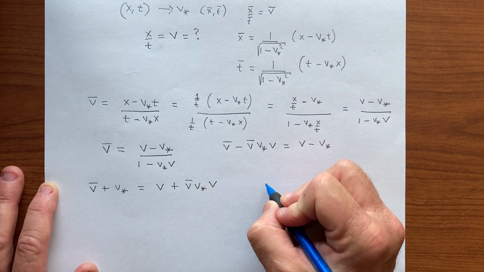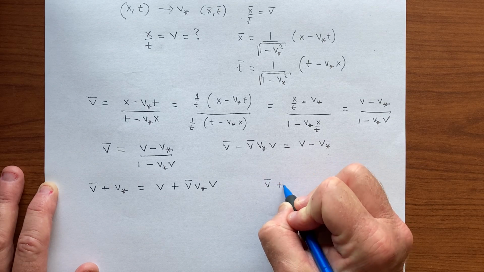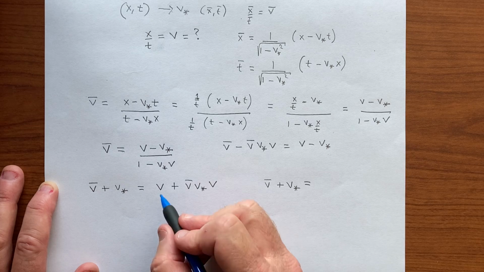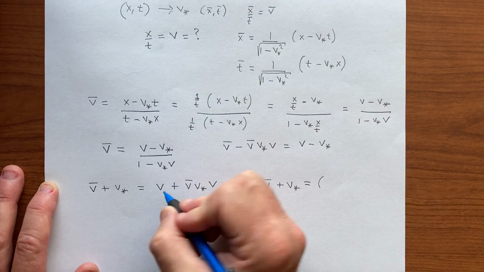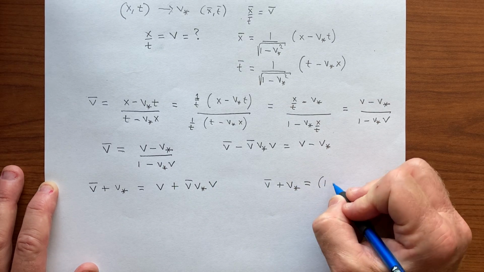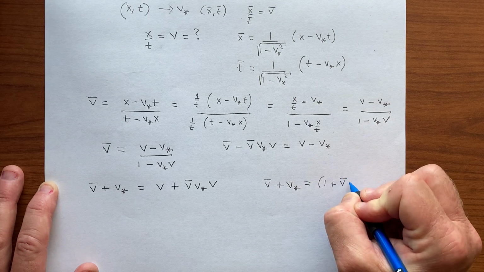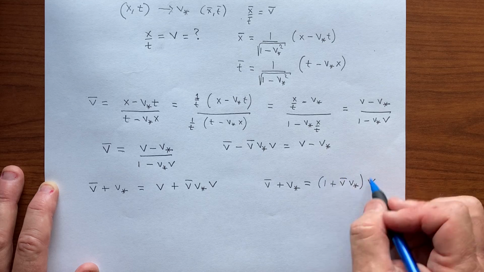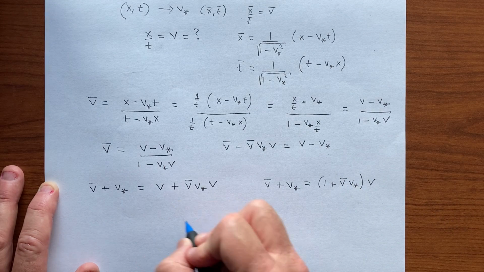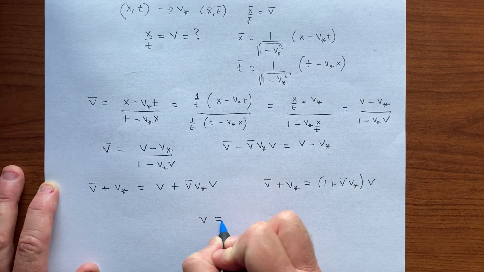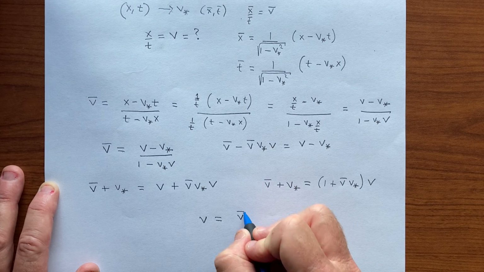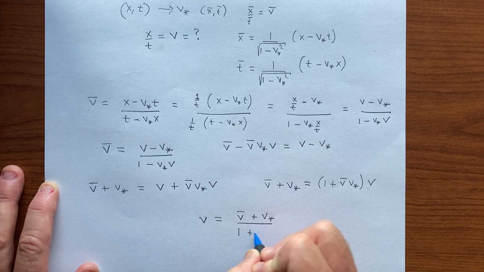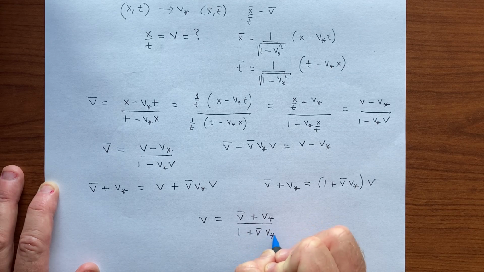And of course, this gives us v bar plus v star is equal to, pull out the v, which is what we're trying to do, isolate the v, 1 plus v bar v star times v. Now all we have to do is divide both sides by that. So we can get v is equal to v bar plus v star over 1 plus v bar v star.